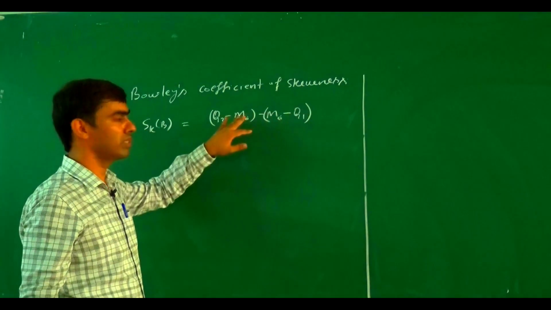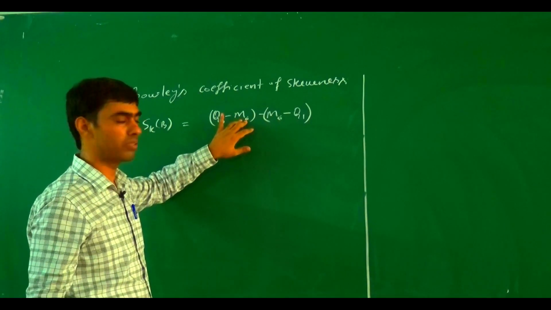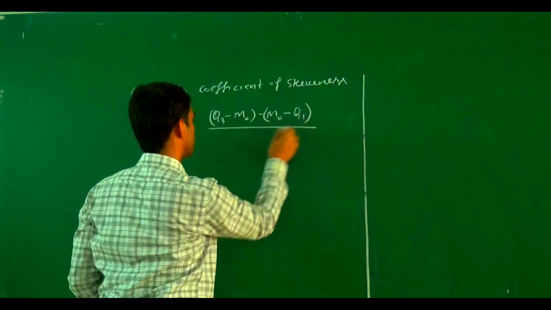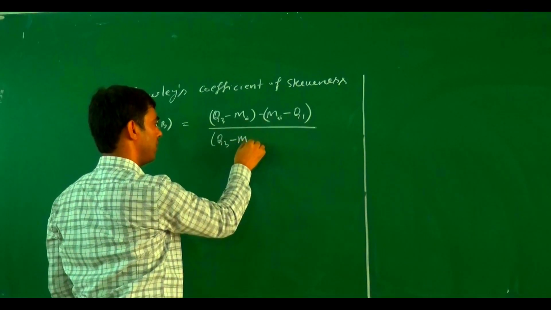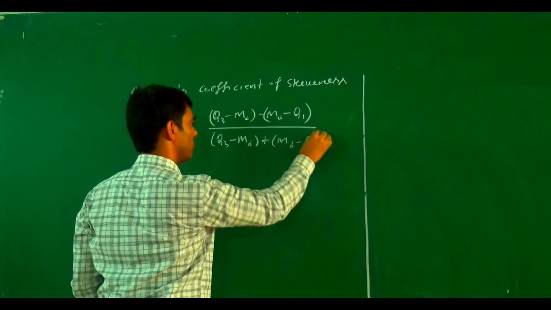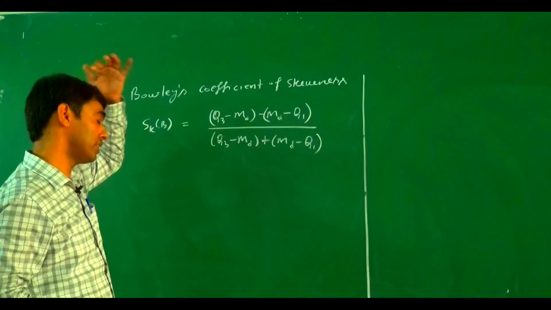Since this is based on quartile deviation, it is Q3 minus the median, which is the second quartile Q2, minus Md minus Q1, divided by Q3 minus Md plus Md minus Q1. This is the Bowley coefficient of skewness.